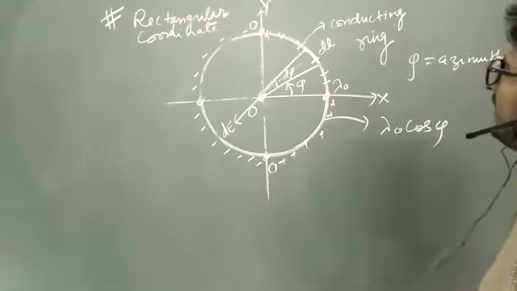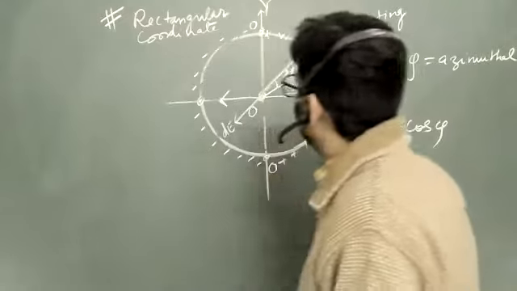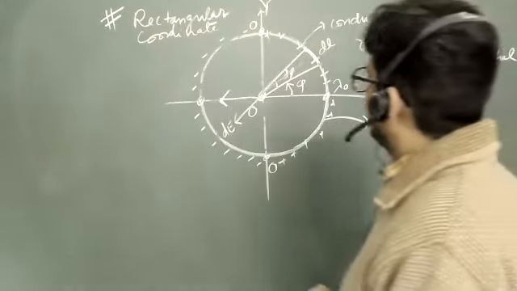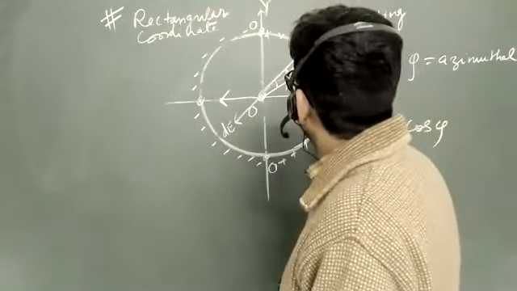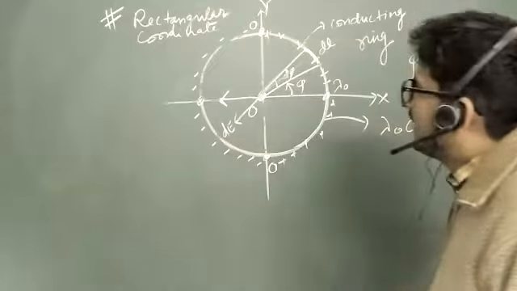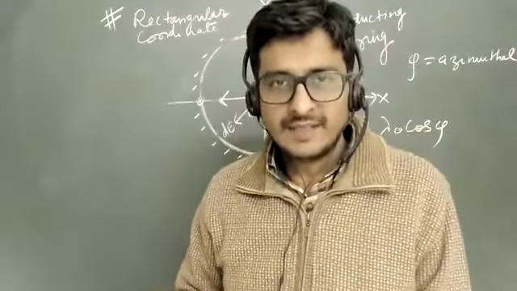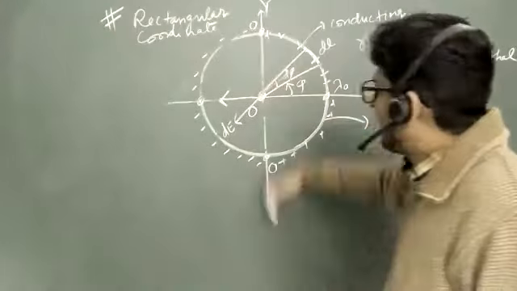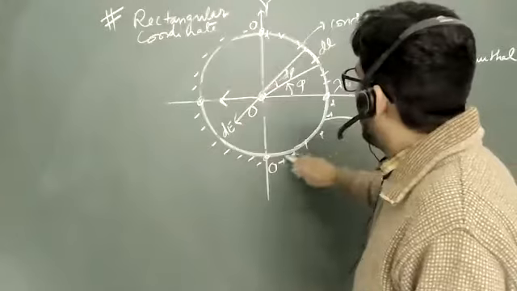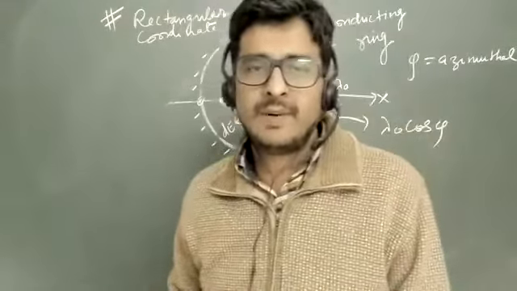So what will be the electric field along the x-axis? This angle is phi. So this will be dE cos phi. That means the cosine component will be added, and then the sine component will be perpendicular. So you can see from any part that all of the cosine component will be added. First of all, see everybody.